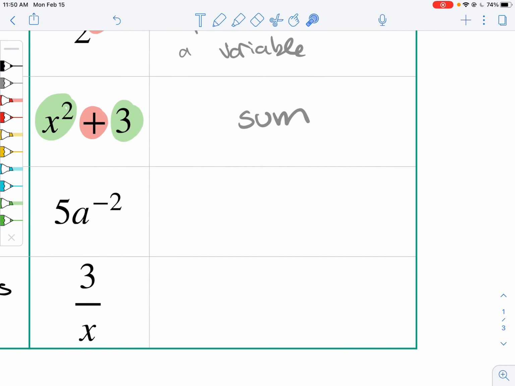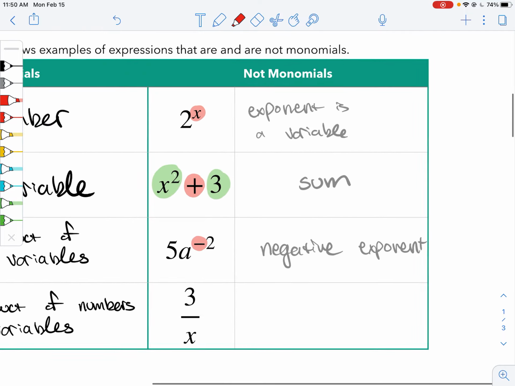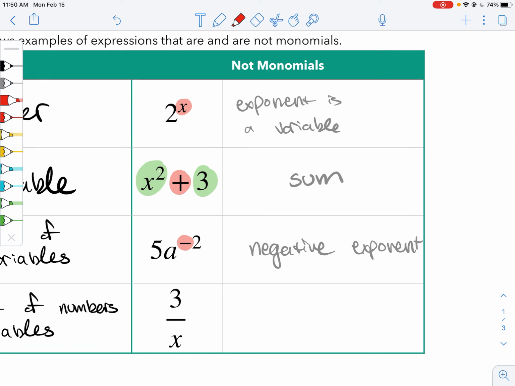Here, 5a to the negative, it's a negative exponent. We're not allowed to have those. That's not simplified. So because this exponent is negative, that disqualifies it from being a monomial. And then finally, we have x in the denominator.